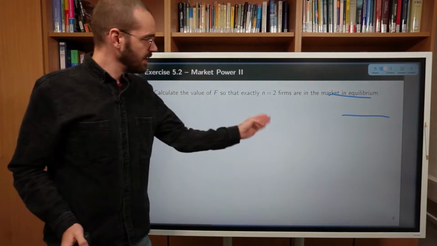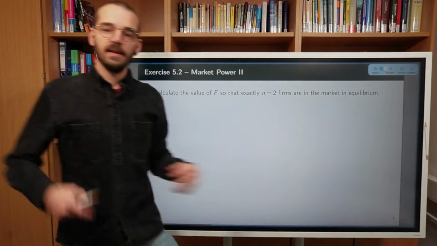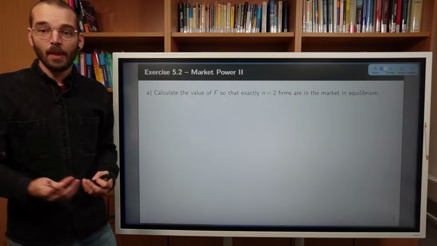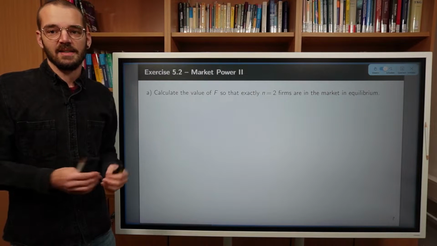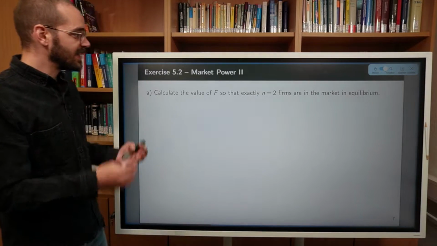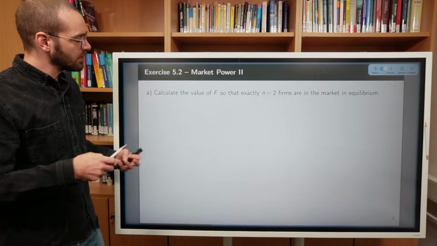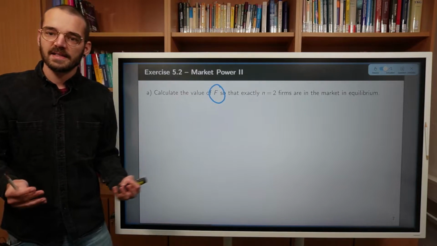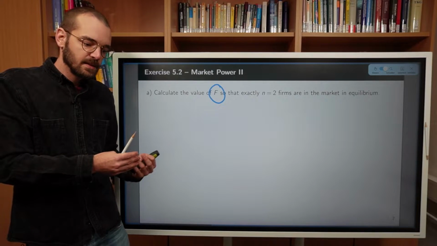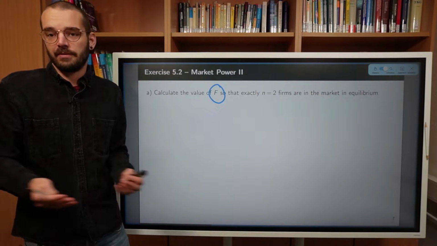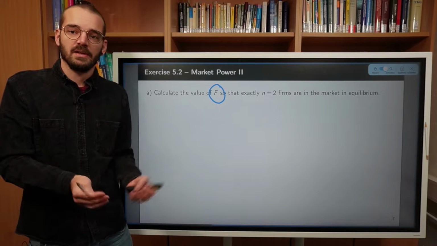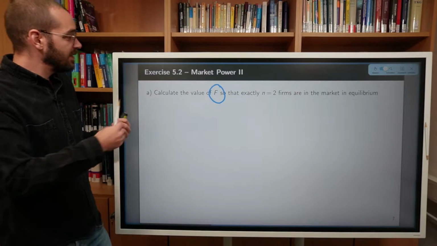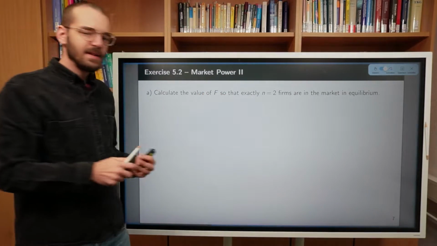Now in task A we are somewhat doing the exact opposite of what we did in exercise 5.1. In exercise 5.1 we knew the fixed cost, and then asked how the market outcome looks under free entry. How does the fixed cost affect the number of firms in the market? In this task A, however, we are doing the opposite.